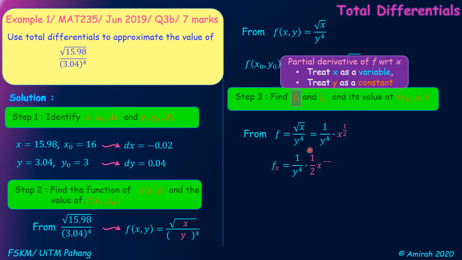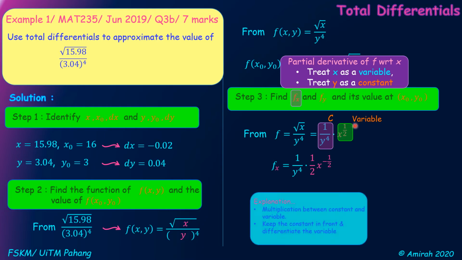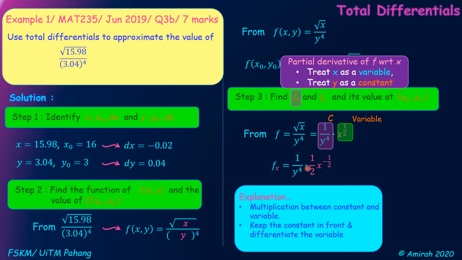Then we find fx, the partial derivative of f with respect to x. Here, y is a constant, so 1 over a constant to the power of 4 is a constant, and x to the power of half is a variable. So we have multiplication between a constant and a variable.